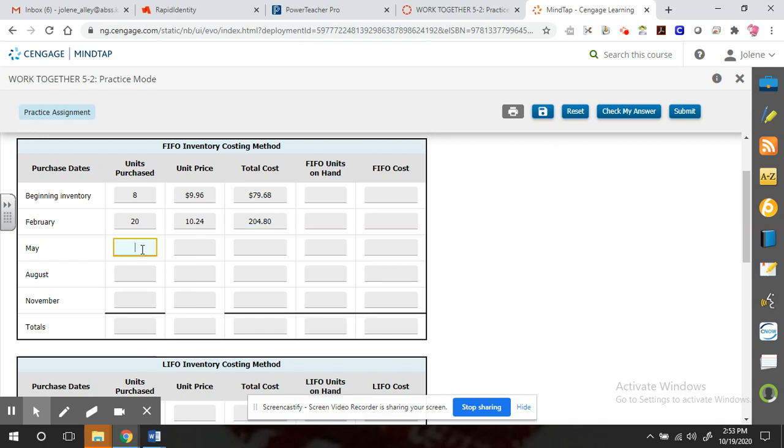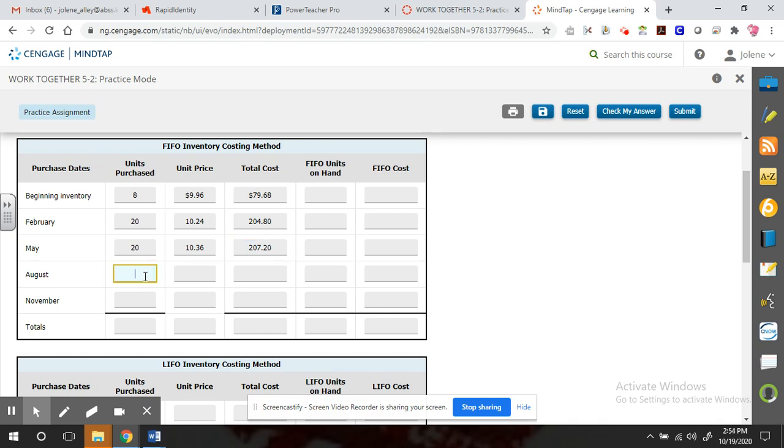In May, they ordered another 20, but this time the price changed. This time the price is $10.36. When we multiply those two together, this shipment was $207.20.